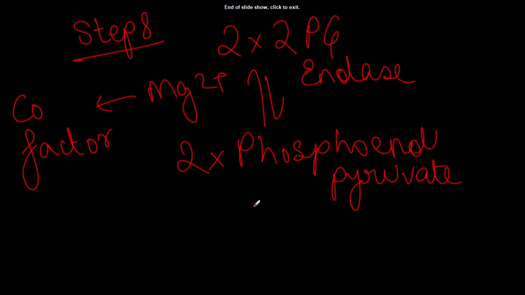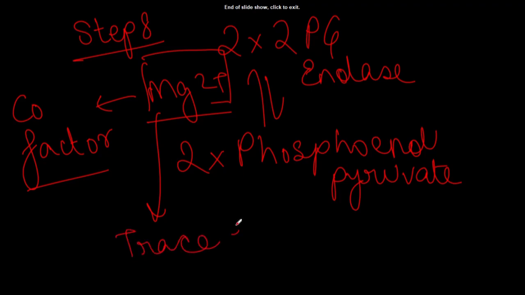Okay, where Mg2 plus is a cofactor, and it is very much necessary. So that is why trace elements are also necessary. Let's continue to the next step, that is step number 9.